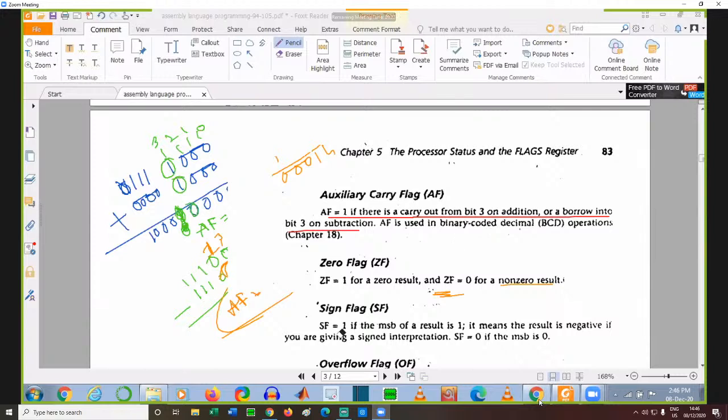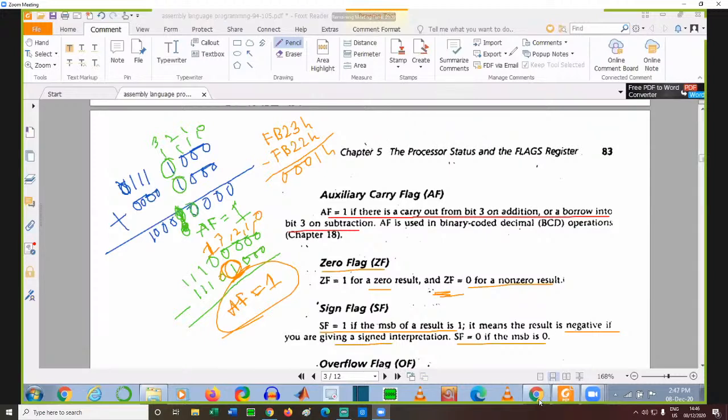Sign flag SF equals 1 if the MSB of a result is 1. This means the result is negative, if you are giving the signed interpretation. SF equals 0 if the MSB is 0.